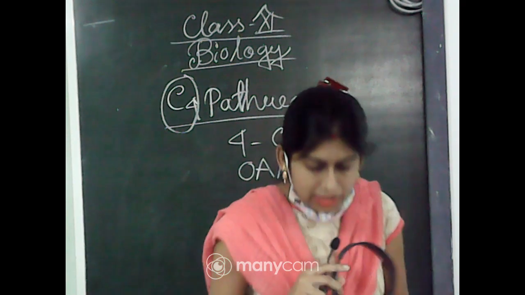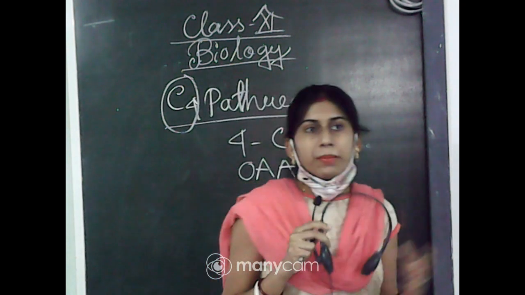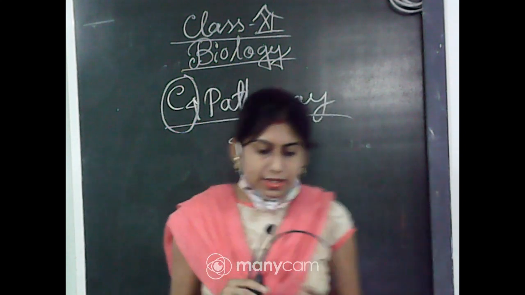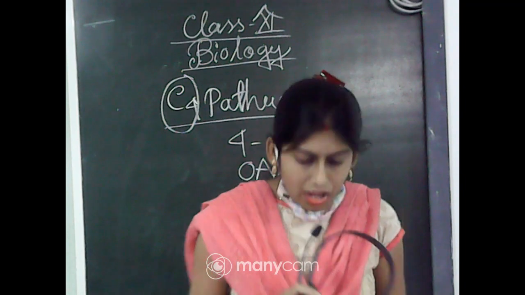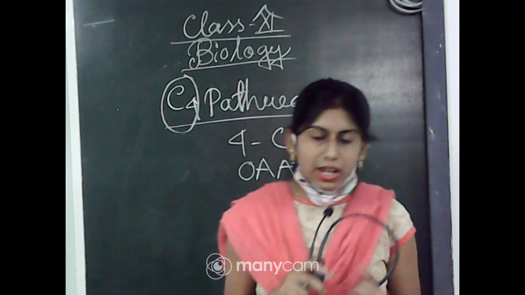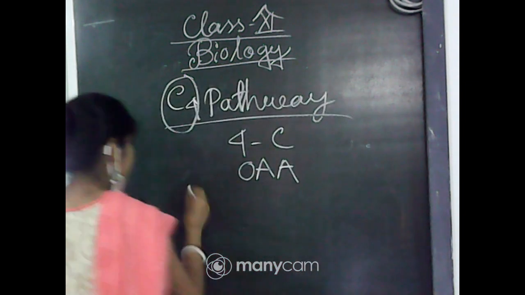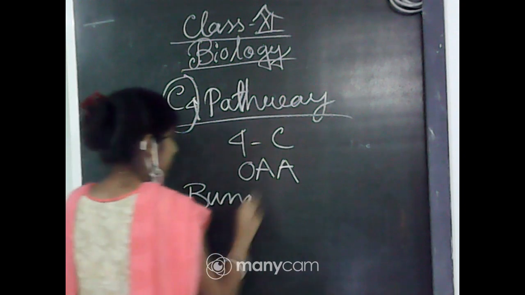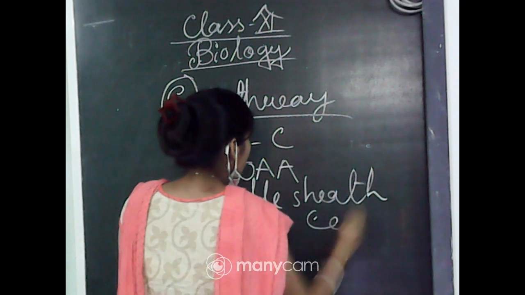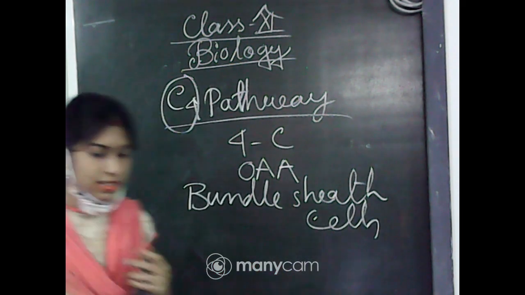In the C3 plant's leaf, you will find the mesophyll cells, but in case of C4 plants, around the vascular bundles a special type of large cells can be found, which is called bundle sheath cells.